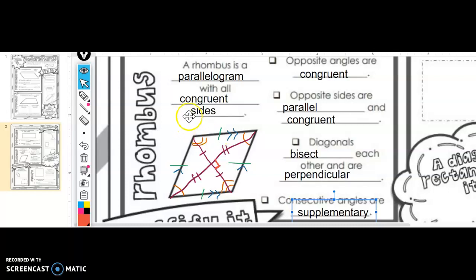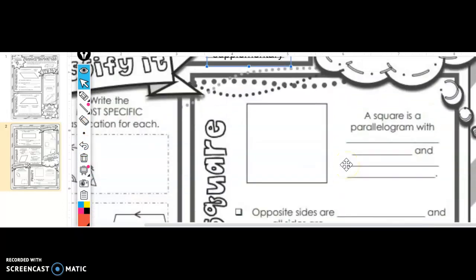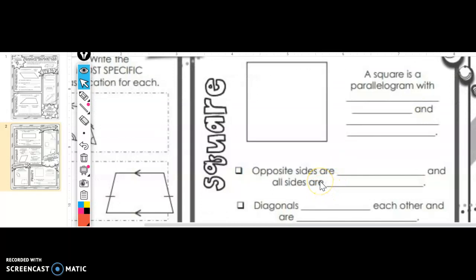Okay, now we're going to move to the square. Get it all on that one zoomed in page. Okay, so now we have a square. And a square is a parallelogram. And it has all four sides congruent.